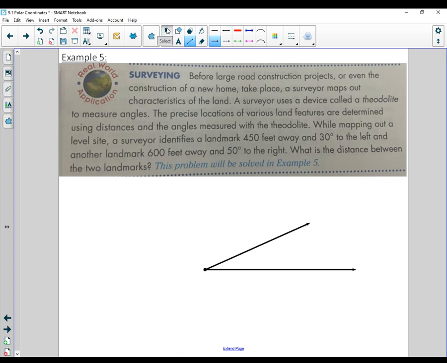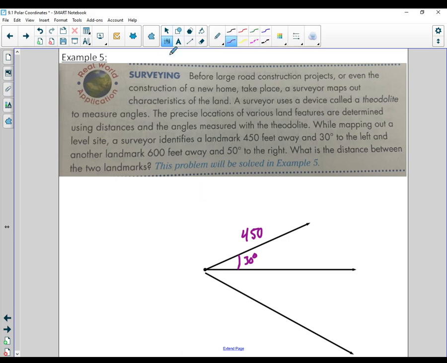I kind of drew it back to there, but it doesn't really matter. So this is 450 at 30 degrees, left of where he's looking. If you pretend you're sitting this way, looking, that's to the left. And then it says 600 feet, 50 degrees to the right. So a little bit wider of an angle and a longer line.